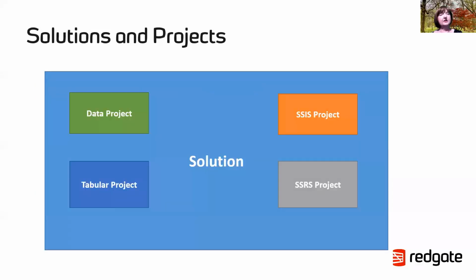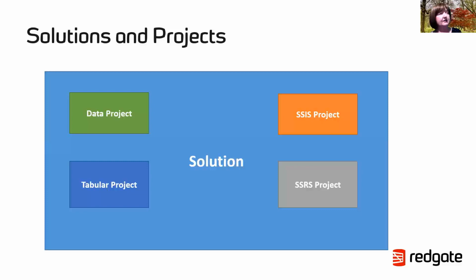So inside a Visual Studio solution, the biggest container, you have a solution. Inside that solution, you will have one or more projects. So you could have one solution and have 10 different Reporting Services projects, if that makes sense for you.